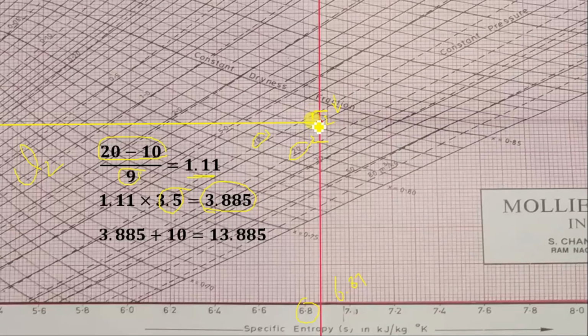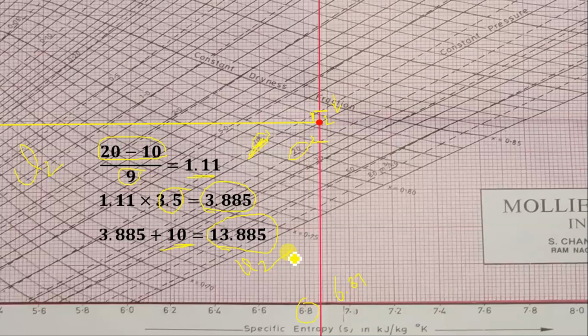For this difference we have this specific volume 3.885. Before that, we have 10, so we have to add 10. So the total specific volume, V2, is 13.885. Very simple. This is how we have to use the Mollier chart: mark the points and solve the problem.